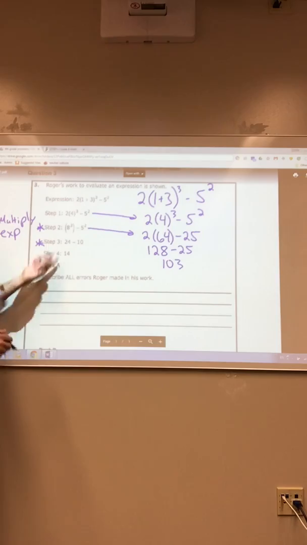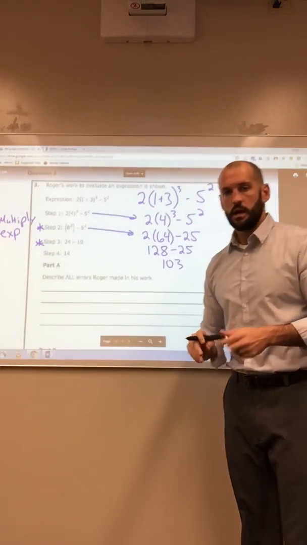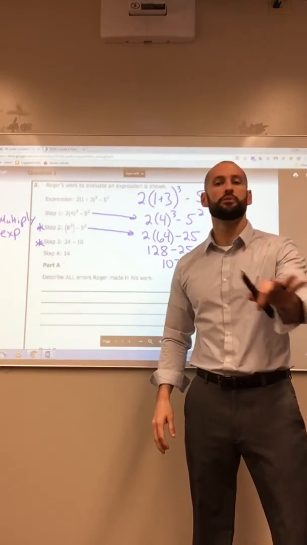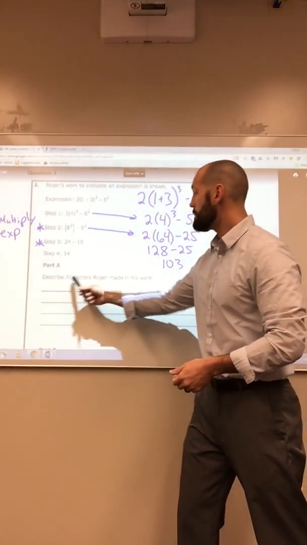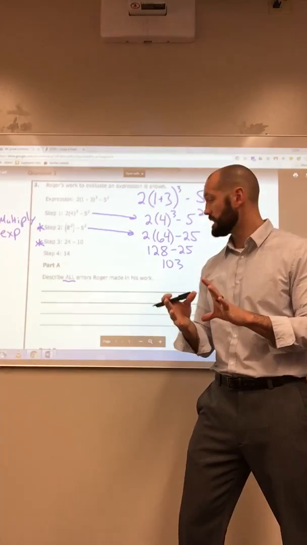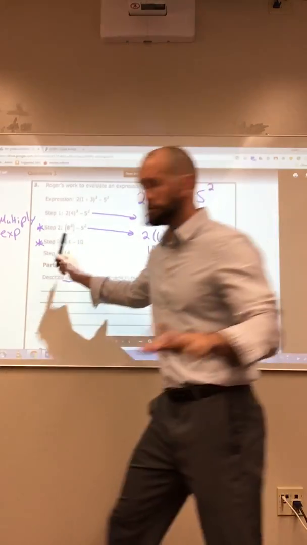Okay, so clearly his final answer is wrong, but hear me out. When we're going to list our mistakes, we don't want you to say, his final answer is wrong. I agree with you, but that's not exactly what the ISTEP is asking for here. Describe all, you see that this all is capitalized? That usually means it's important. All mistakes. So let's go back to what we saw first.